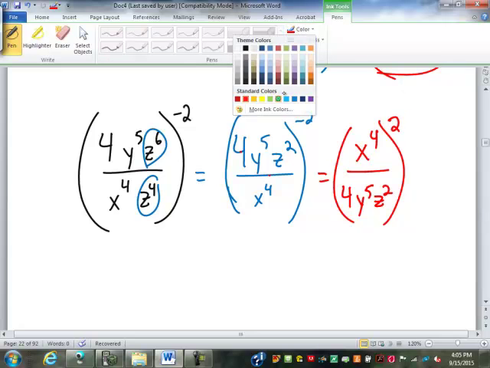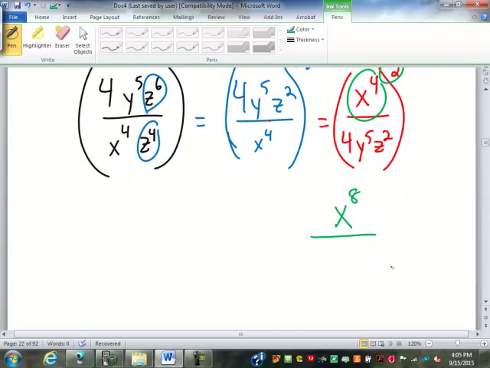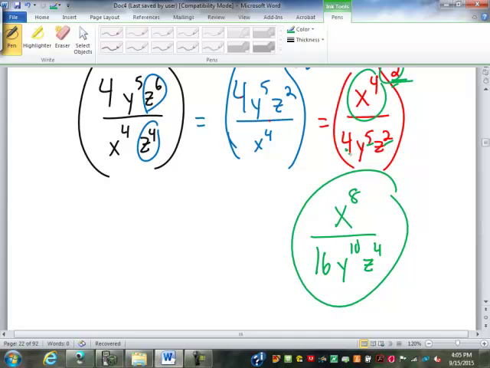So now we take each piece. x to the 4th to the power of 2, x to the 8th. 4 to the power of 2, 16. 4 squared is 4 times 4 is 16. y to the 10th. 5 times 2 is 10. And z to the 4th. 2 times 2 is 4. And there we go.